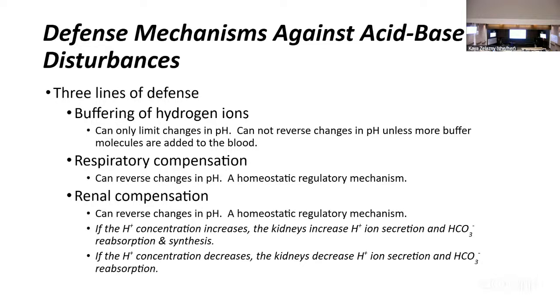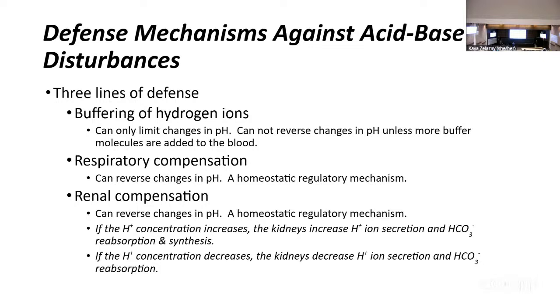Regardless of the cause, when we see an acid-base disturbance, so when we see our pH outside of that 7.35 to 7.45 range, we're going to try to get it back to where it should be. And we've got kind of an order of steps for this. Our first line of defense is going to be just buffering out any changes in the acidity.